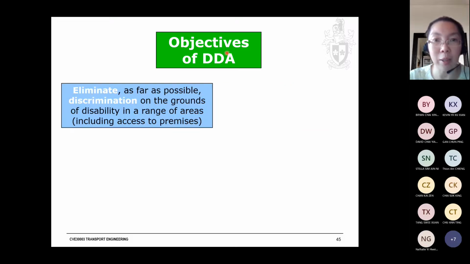So then the objective of the DDA is that it eliminates as far as possible any discrimination on the grounds of disability in a range of areas, including access to premises. So for our discussion, we are just looking at access to premises.